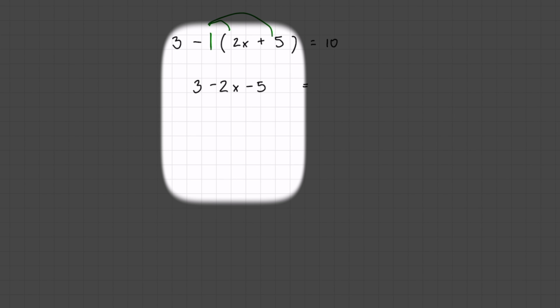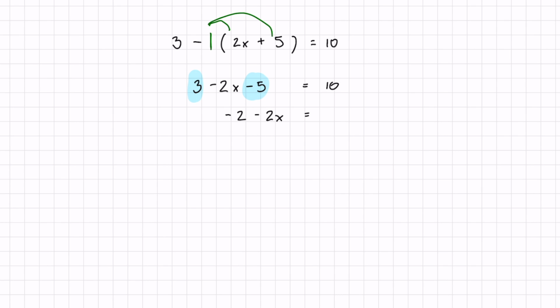We didn't touch it. So from here, combine like terms. You can combine 3 and negative 5. 3 minus 5 is negative 2. The other 2x drops down, and now we can start dropping down that 10 on the right side because I can't do anything else but get x by itself. From here, we want to get rid of this first.